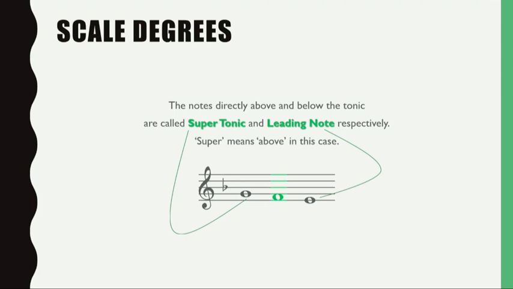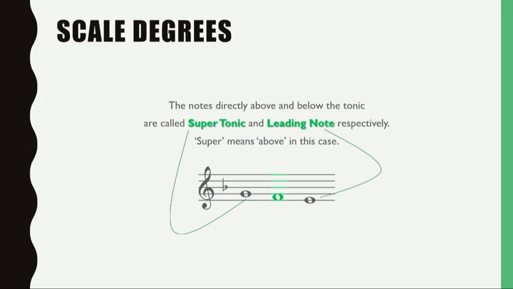Then we get notes that are directly above and below the tonic. The first note above the tonic, G in this case, F, G, is called supertonic. Super means above. So the note just above the tonic is the supertonic. It's a G in this case. Then, if we go just underneath the tonic, it's called the leading note. It's called the leading note because there's a semitone from E to F, from the 7th note to the 8th note.